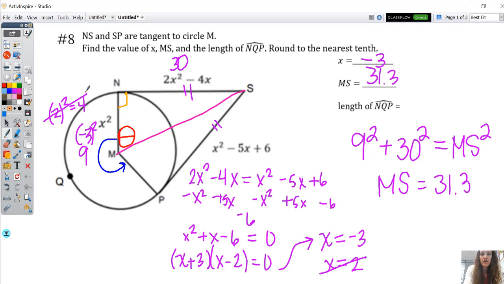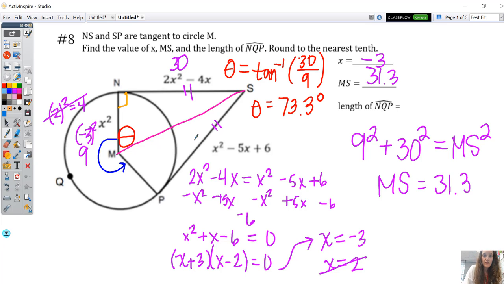So I'll use inverse tangent, or tangent inverse. So tangent inverse of 30 over 9 will give me that theta, that angle. And if I type that into my calculator, I'll get 73.3 degrees. So this angle right here is 73.3 degrees.